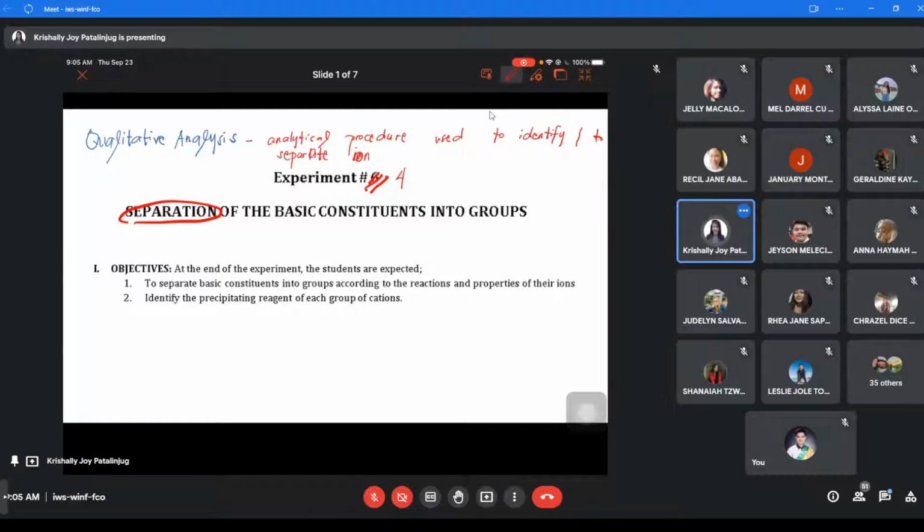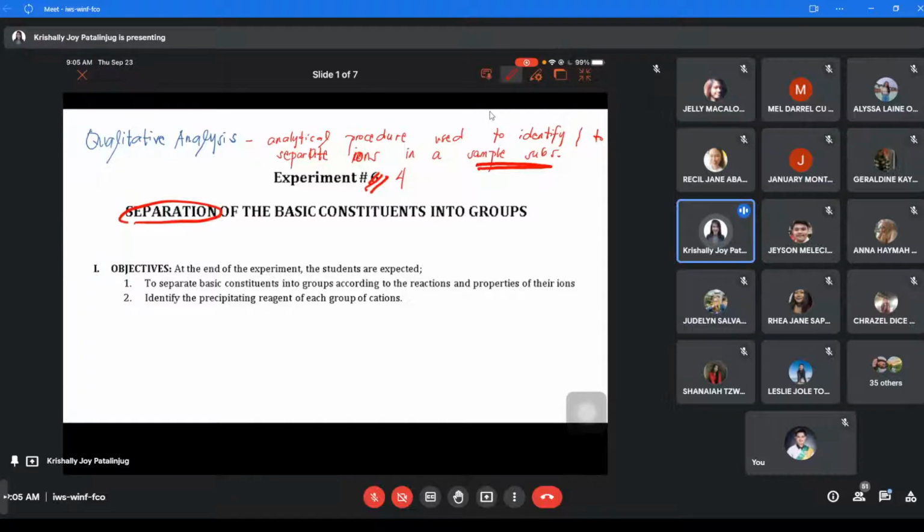To separate ions in a sample substance. That is what is done in qualitative analysis. It is an analytical procedure where we analyze a particular sample, a particular solution, by identifying or separating such ions into individual ions.